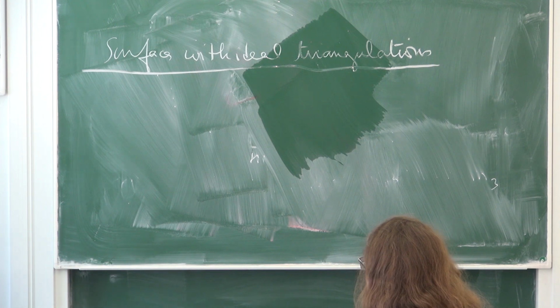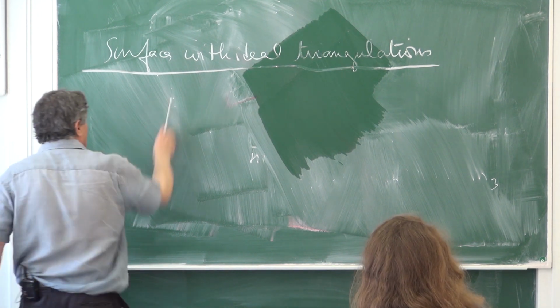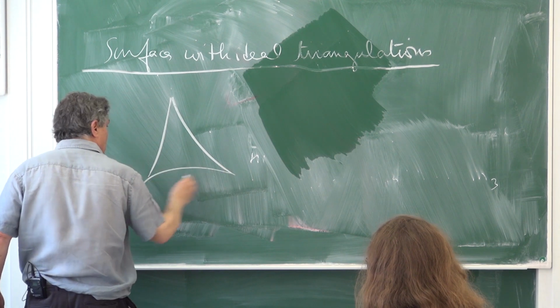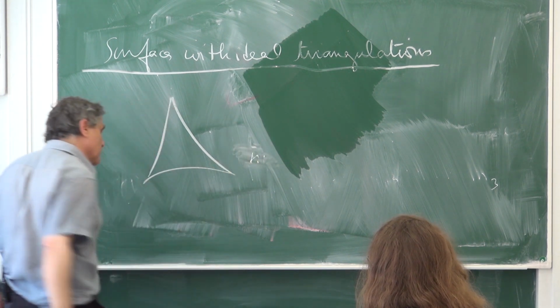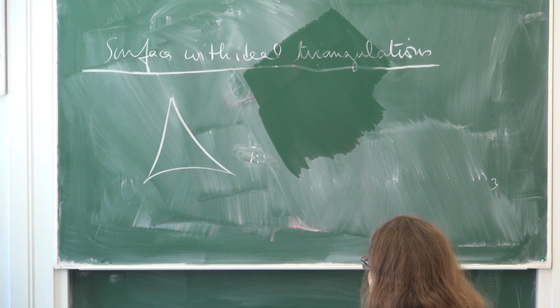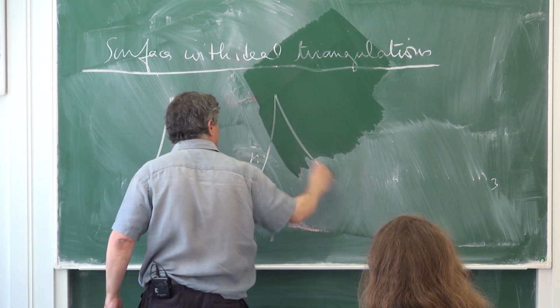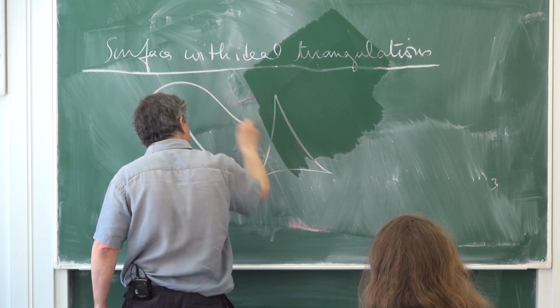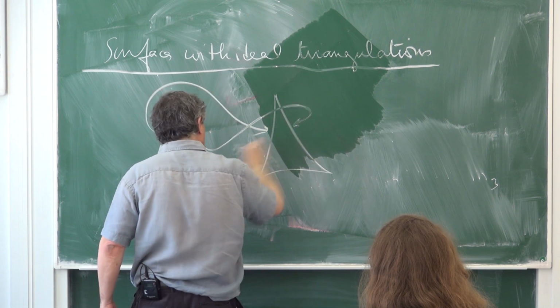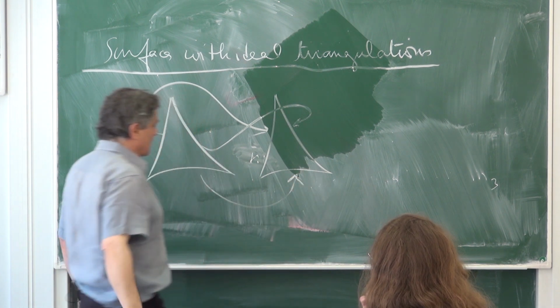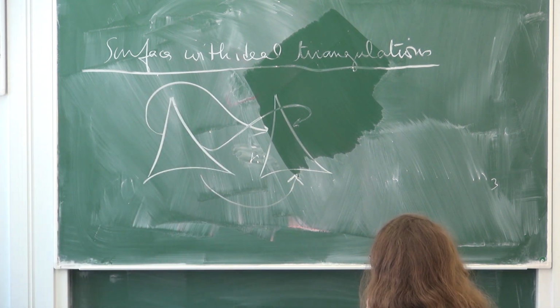In fact, the simplest case next to the ideal triangulation itself is a surface obtained by taking two ideal triangles and then gluing them pairwise. What do I get? I get a sphere.